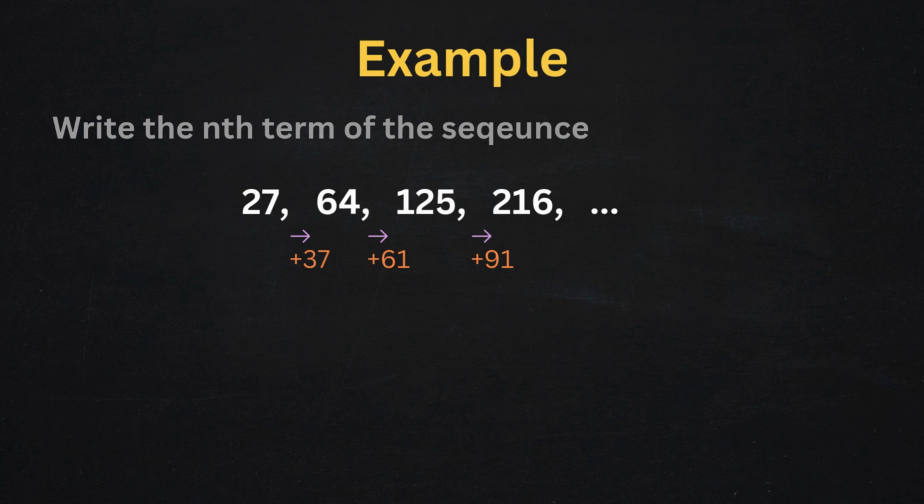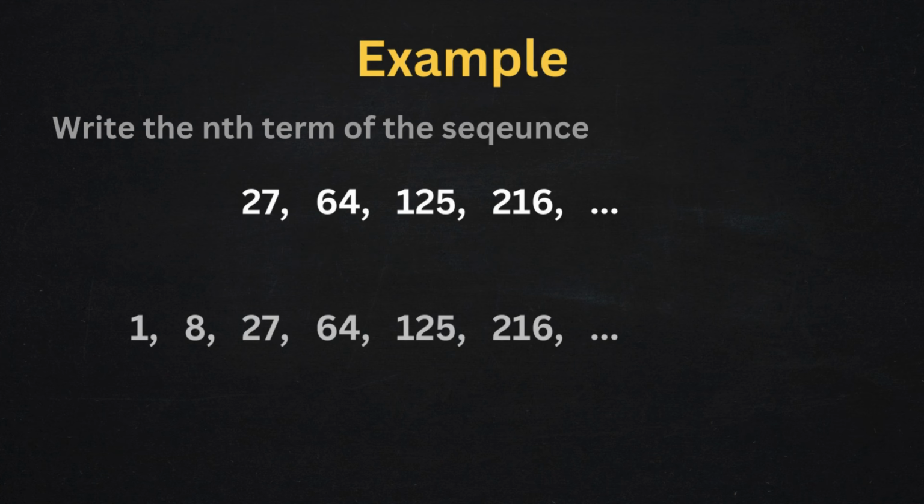Now to see how many terms they have been shifted, we write the original cube numbers, which is 1, 8, 27, 64, 125. By comparing both, we can see that the given numbers are shifted by 2 terms.